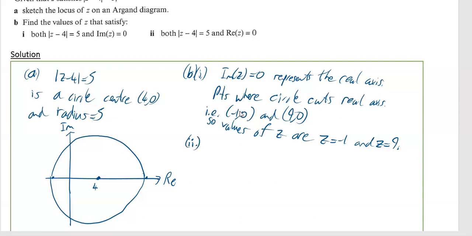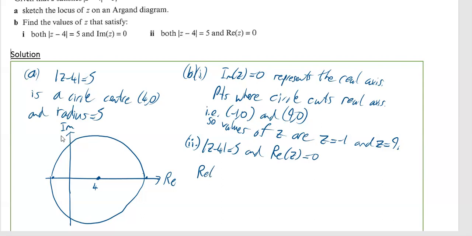Okay, part 2 says it needs to satisfy both modulus of z minus 4 is equal to 5 and also the real part is equal to 0. So it says exactly the same thing here, except it's the y-axis, the imaginary axis it's crossing. So we'll just say modulus of z minus 4 equals 5 and real part of z equals 0.